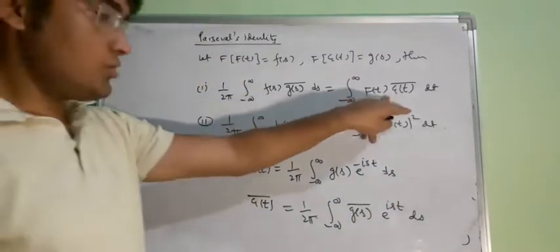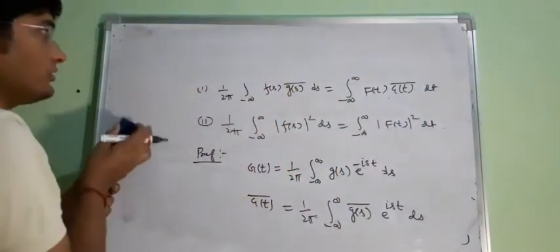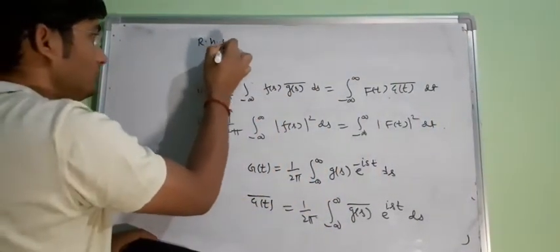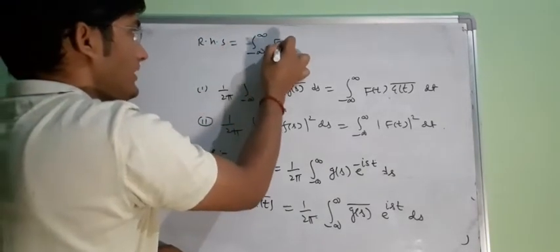Now let us take the right hand side. The right hand side means the integral from minus infinity to infinity of f(t) g(t) bar.